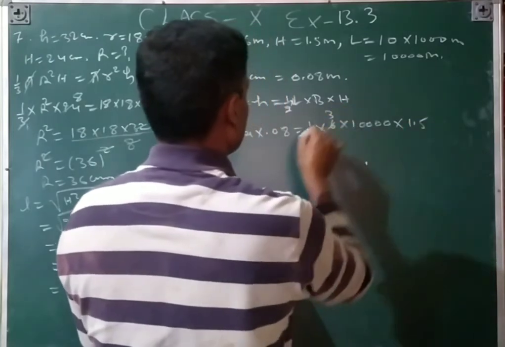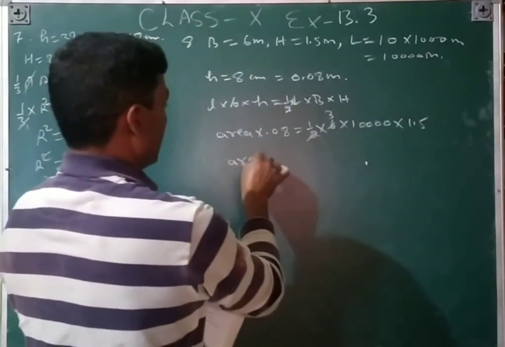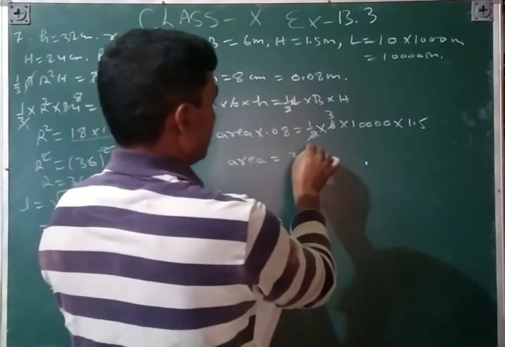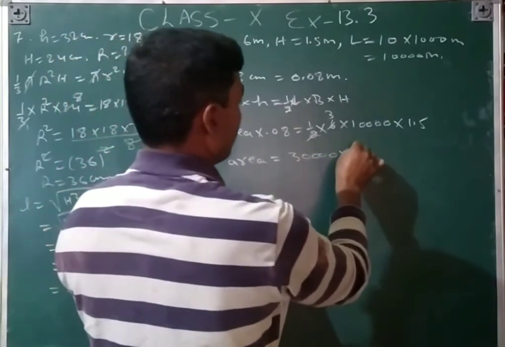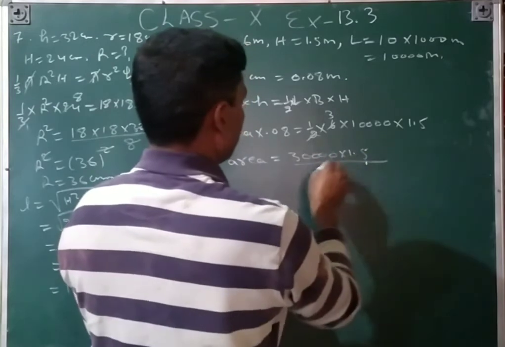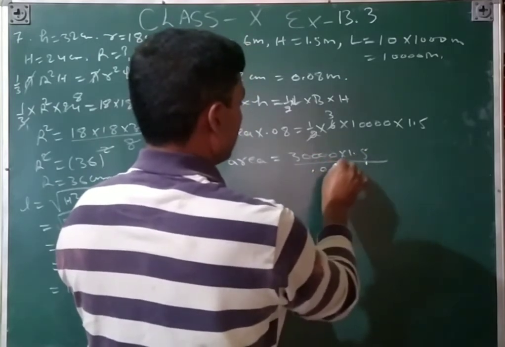So 2 3s are, and then area is equal to 3000 into 1.5 upon 0.08.